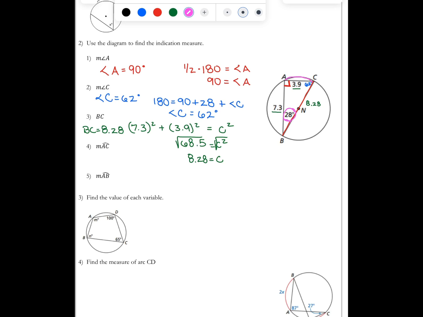So our equation is 1/2 of the arc AC is equal to that 28 degrees. In order to find arc AC, we need to do 28 times 2, which gives us 56 degrees. So arc AC is 56 degrees.